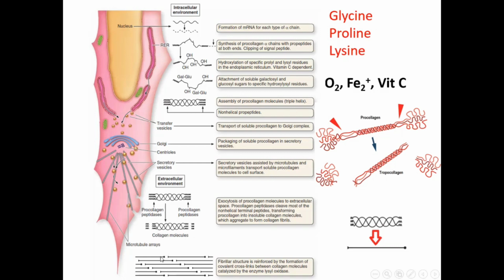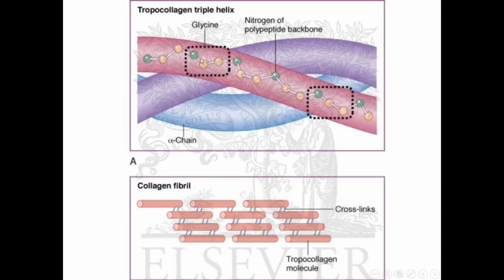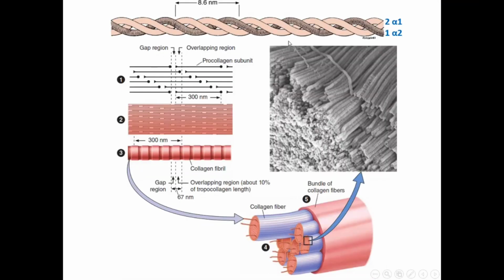This rod-like structure is called the collagen molecule. And then we have an assembling of these rod-like structures. Again, another picture shows us the frequency of glycine and also proline and lysine in the alpha chain, and the assembling of collagen molecules by a cross-link.